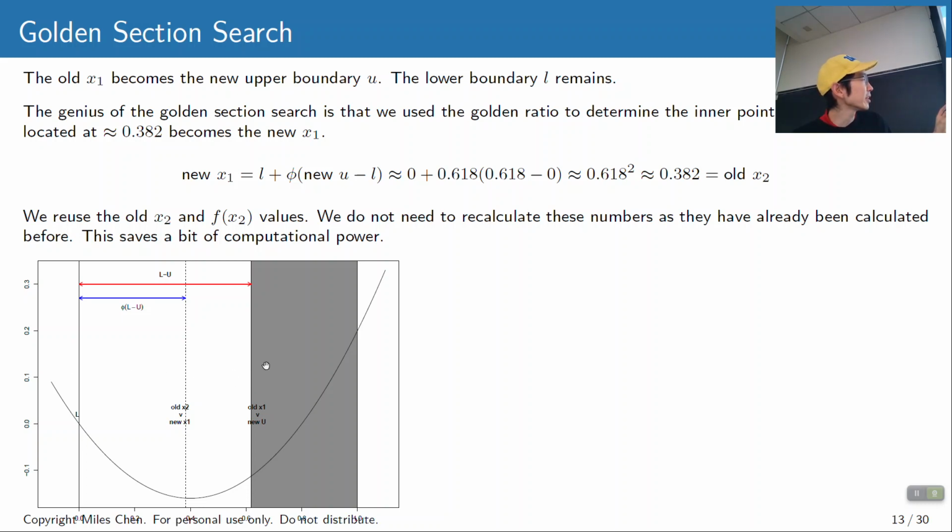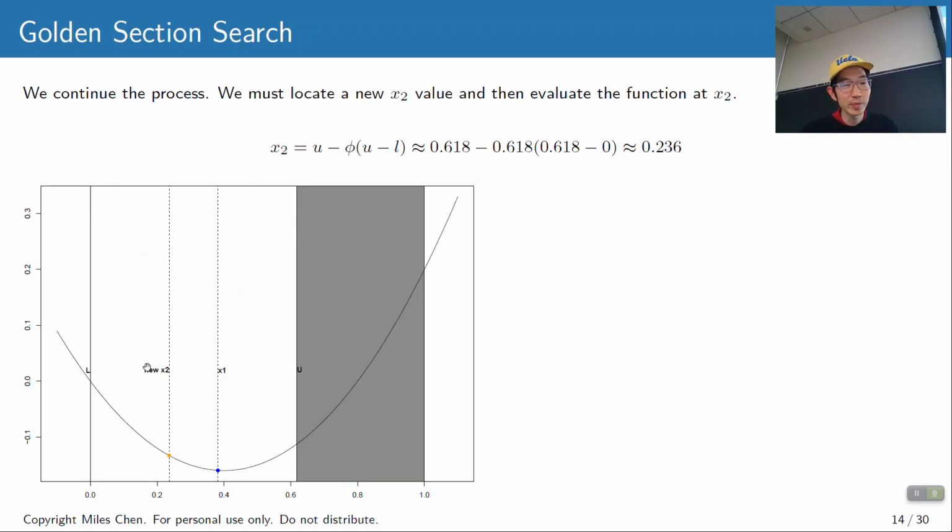So going 0.618 of the way over here, that's going to take me over to here. So this value x1, I've already calculated its location at 0.382, and I've already calculated the value of the function at this location.